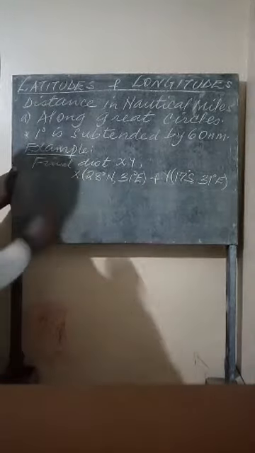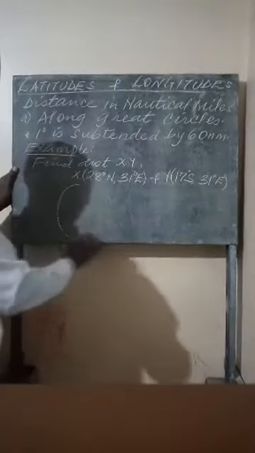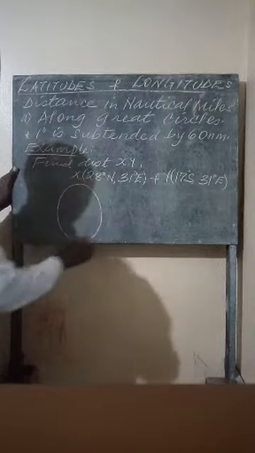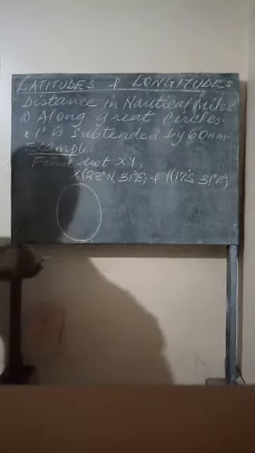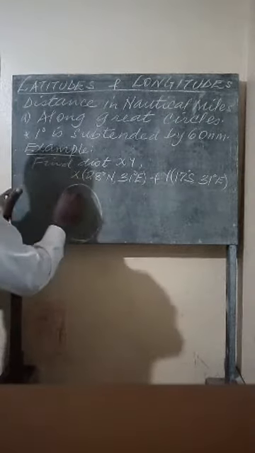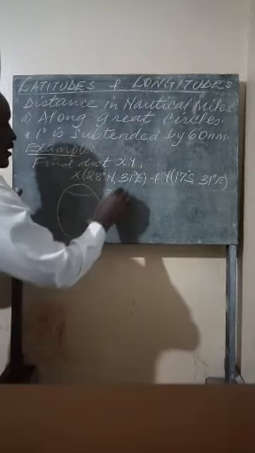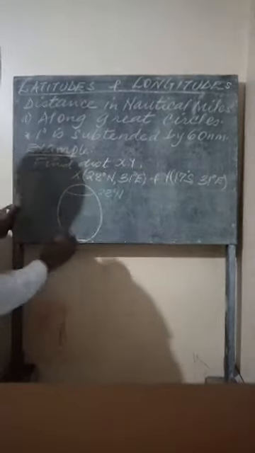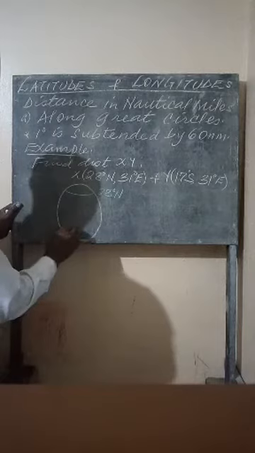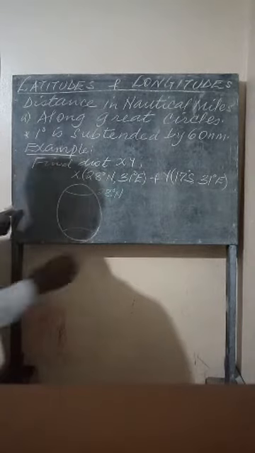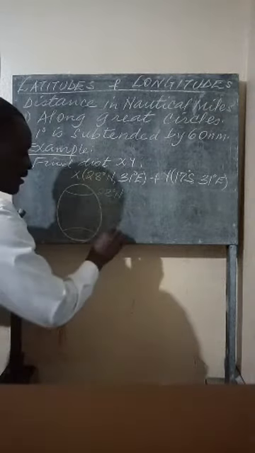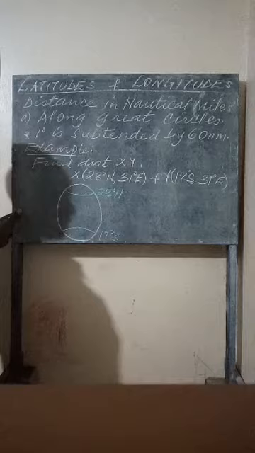So in this case, we've got something like this. We are interested in a certain latitude here, which is 28 degrees to the north. We are also interested in another latitude here, which is 17 degrees to the south.